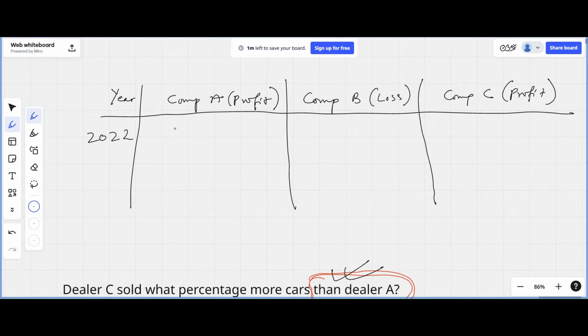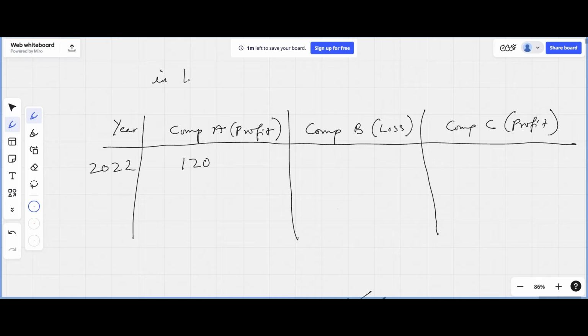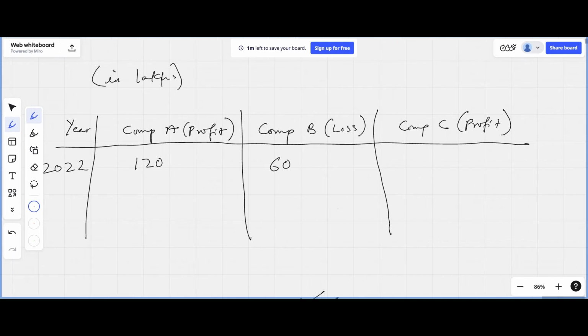In 2022, company A has 120 profit, everything in lakhs. That means it is profiting 120 lakhs. Company B has 60 lakh loss. Company C has 150 lakh profit.